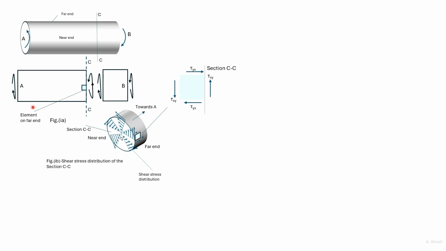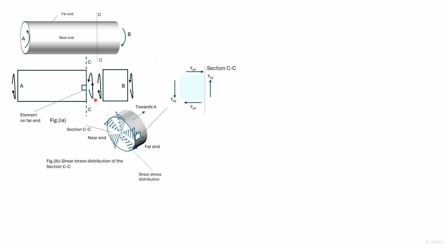We consider equilibrium of the portion to the left of the section CC. So there's a torque acting at A. There must be another torque acting on the section to balance the torque at A for equilibrium.